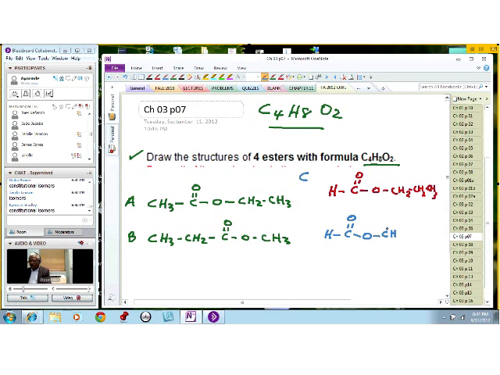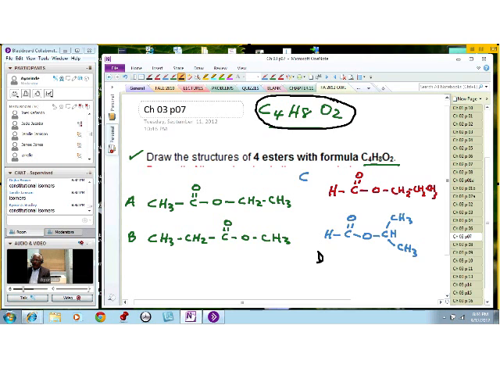Supposing we have this. This is another ester. This compound here is also another ester. I will call this compound D. So you now see here, we have 4 compounds that we could write, all of which represent esters coming from this formula right here.